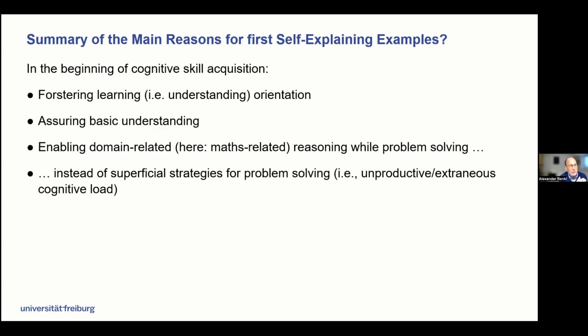And it assures a basic understanding of the principles and how they are applied, to enable domain-related or math-related reasoning in problem solving instead of just superficial strategies. And these superficial strategies would impose unproductive extraneous cognitive load that might hinder cognitive activities devoted to understanding.